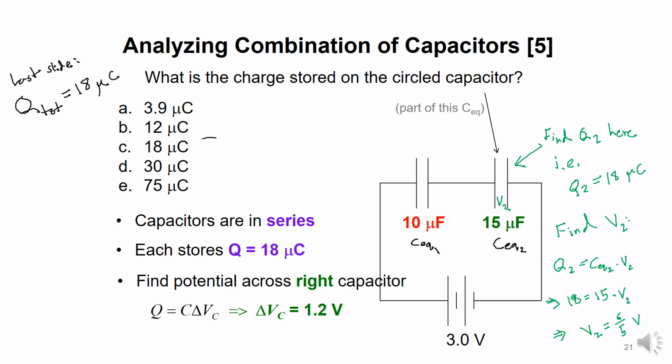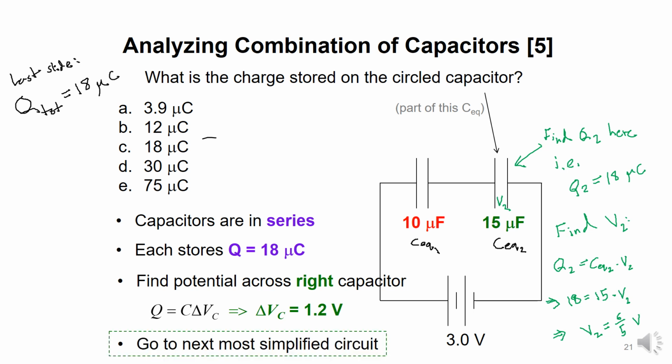So the battery voltage is 3 volts, and the green combination, the 15 microfarad, has a voltage drop of 1.2 volts, which tells us the red combination should have a voltage drop of 1.8 volts. But for the problem that we're looking at, we are concerned about the green capacitor. That's where the capacitor of interest is located. So we take the 1.2 volts voltage drop and we'll use it in the next slide.